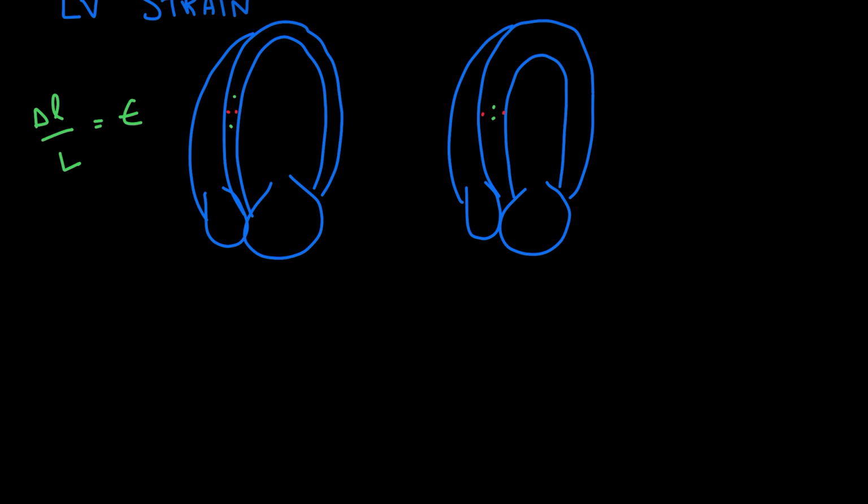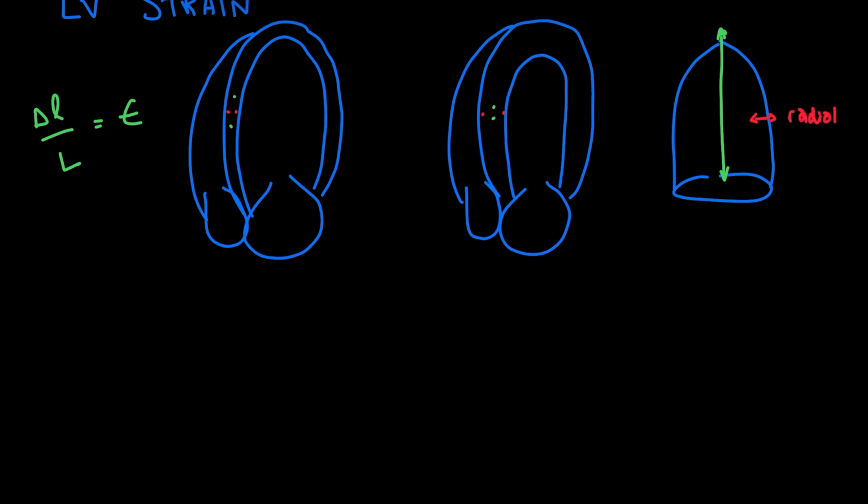In fact, let me draw the left ventricle as a shape right there. We could look at our longitudinal strain. How much does the length change, the delta L over the total L? We could look at our radial strain. This would be radial.